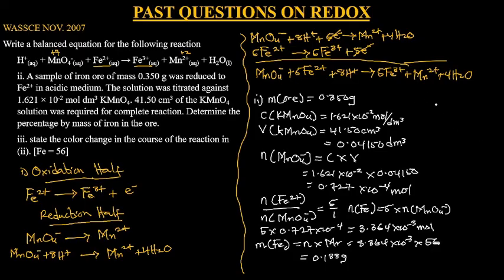So how do we find the percentage of iron? Let's just say percentage by mass of Fe in ore. This will be the mass of Fe over the mass of the ore times 100. So the mass of Fe, which we found here, is 0.188 grams divided by the mass of the ore, which is 0.350 grams, and I will multiply this by 100.